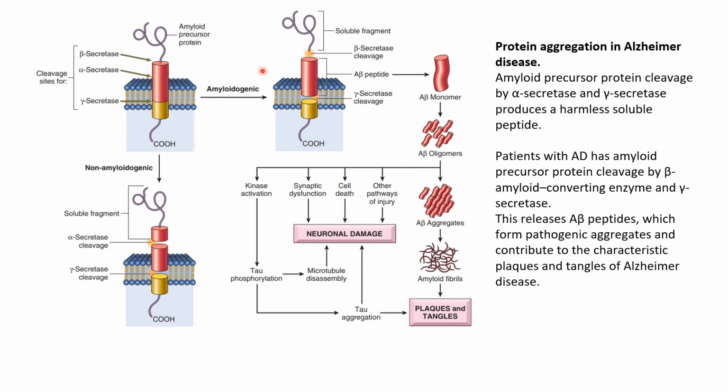In Alzheimer's disease, there is cleavage of the amyloid precursor protein by beta and gamma secretase, which forms the A-beta peptide, and this can accumulate and aggregate to form the plaques, and also it contributes to the formation of tau phosphorylation and the neurofibrillary tangles. It also contributes to neuronal damage.